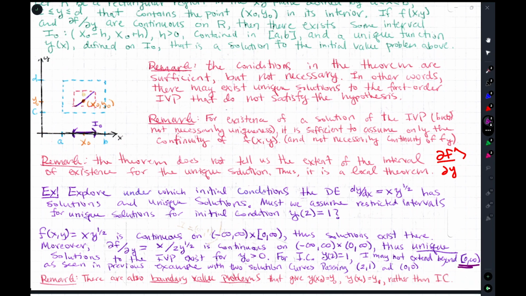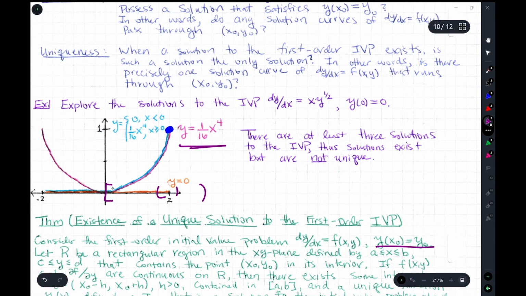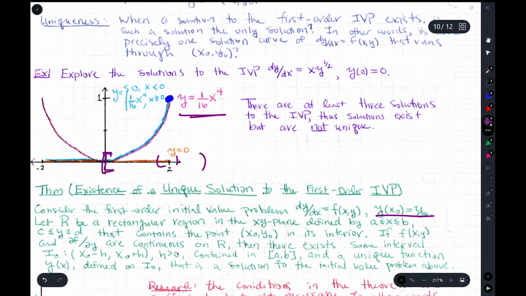Okay, so I is the interval, it may not extend beyond 0 to infinity, as seen in the previous example with two solution curves passing through (2, 1) and (0, 0). If you restrict to this, there's only one solution then, right? The curve in blue and the curve in pink only differ to the left of the y-axis, so for x strictly less than 0. So here just by inspection we were able to find the interval where we're going to get a unique solution.